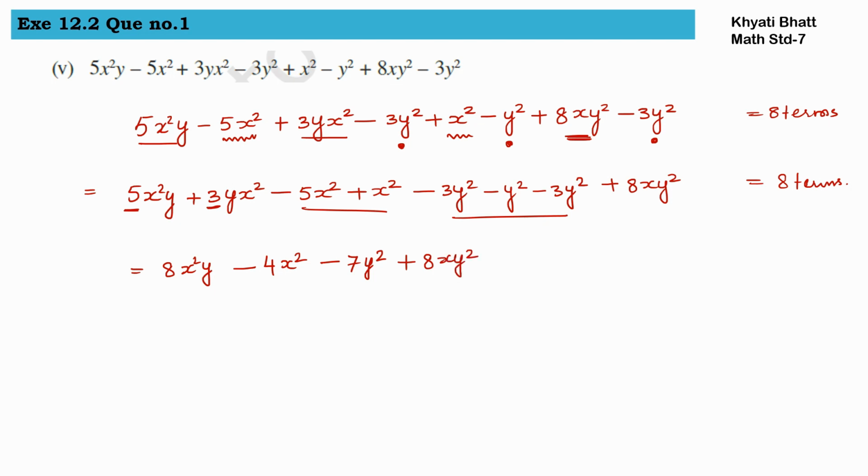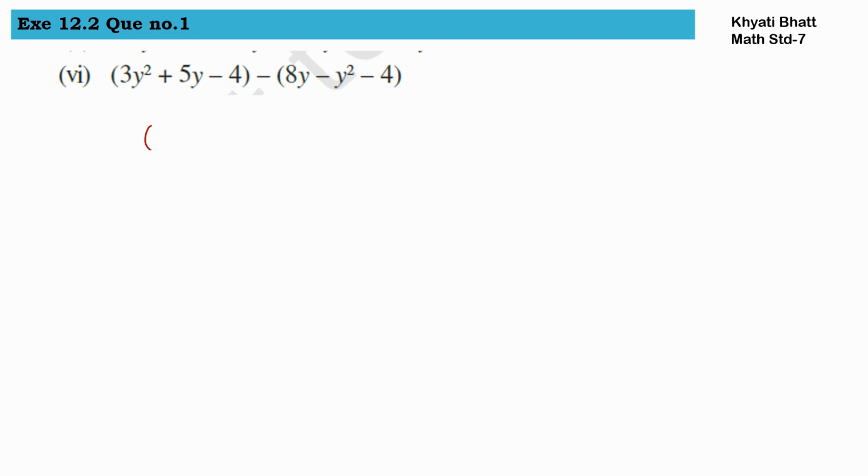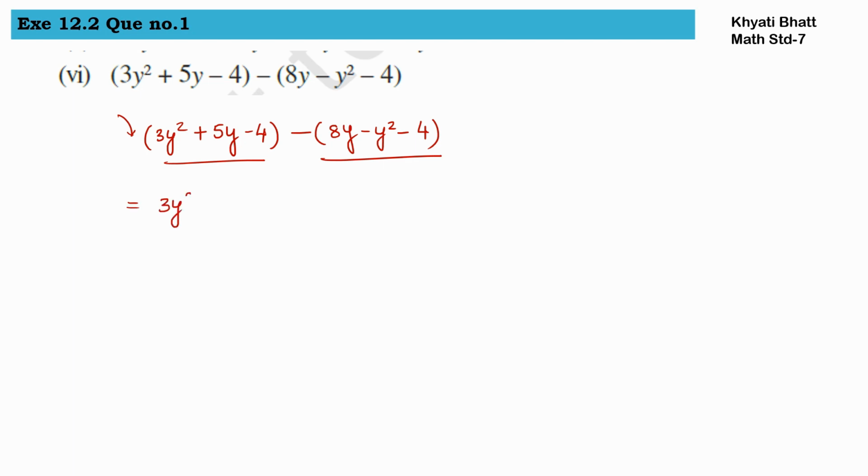So the next numerical is 3y square plus 5y minus 4, minus the bracket 8y minus y square minus 4. Now here first bracket and second bracket. The first bracket does not have any sign over here, so simply we can open this bracket: 3y square plus 5y minus 4.